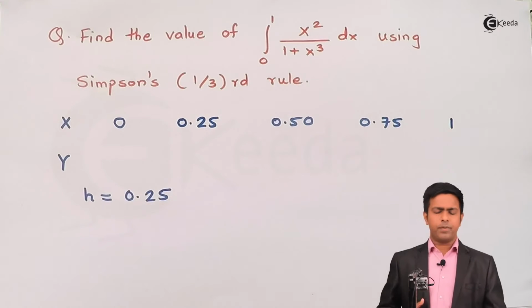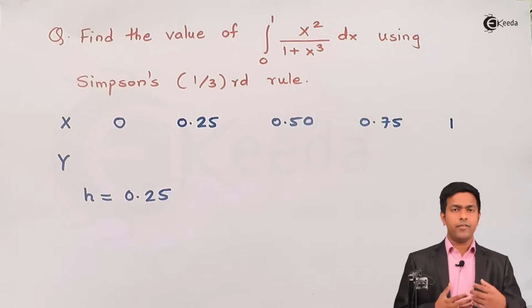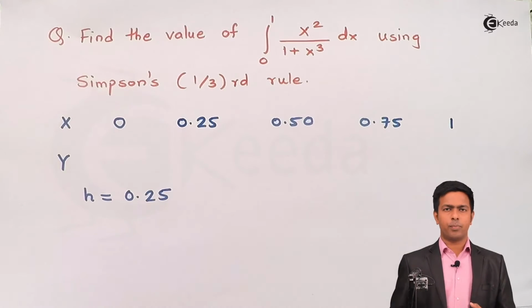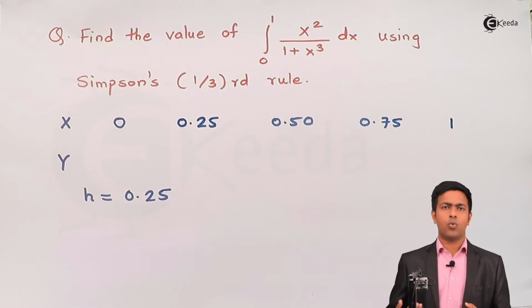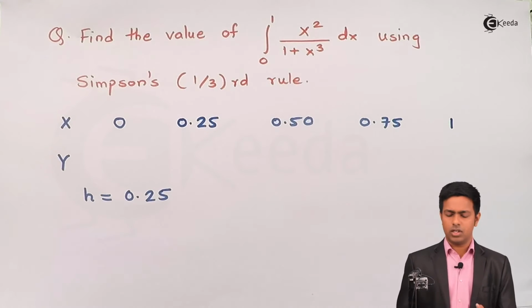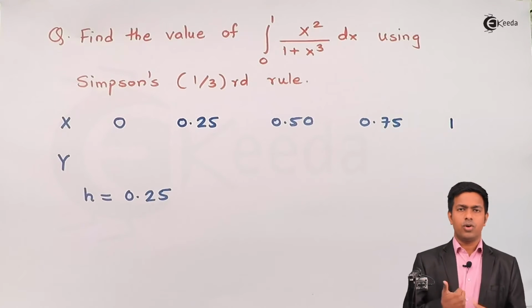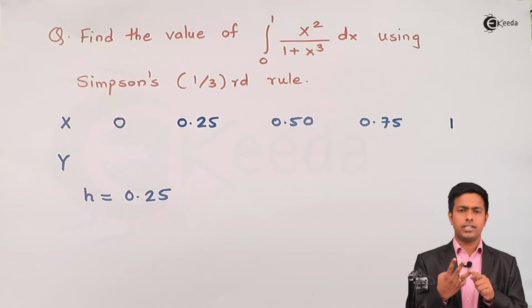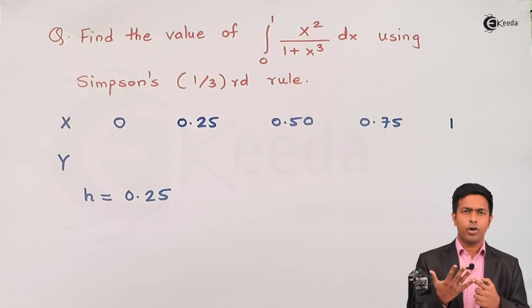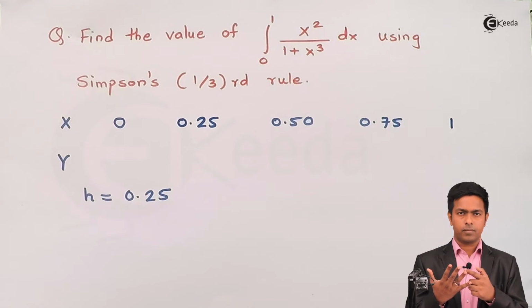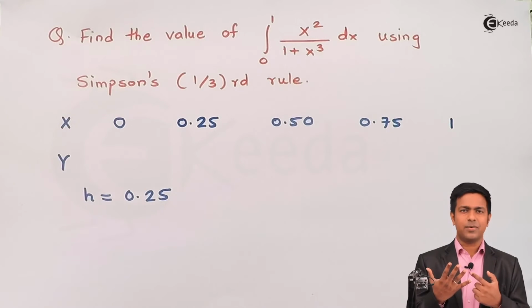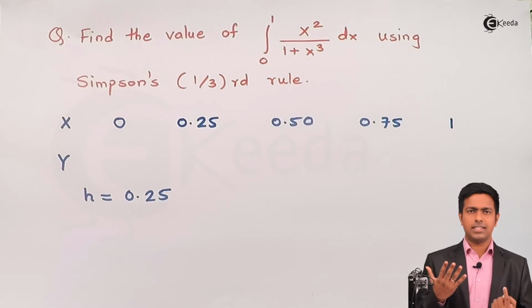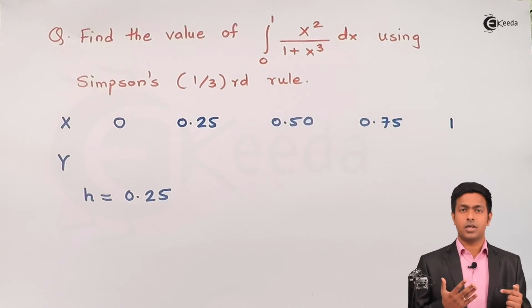Now few people must be thinking, can we take 0.2, 0.4, 0.6, 0.8 and 1? If you do that, see here we have the first value as 0. When you take 0.2, that will be the first subinterval, 0.4 second, 0.6 third, 0.8 would be the fourth, and when you take 1 as the last value, that will become the fifth subinterval.